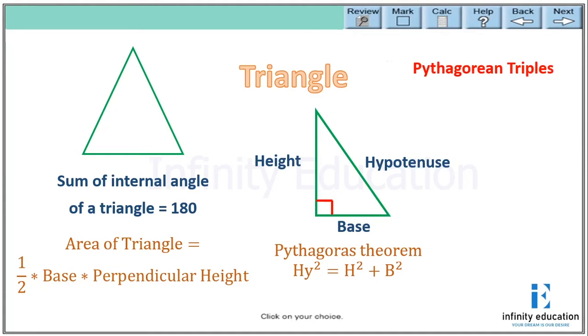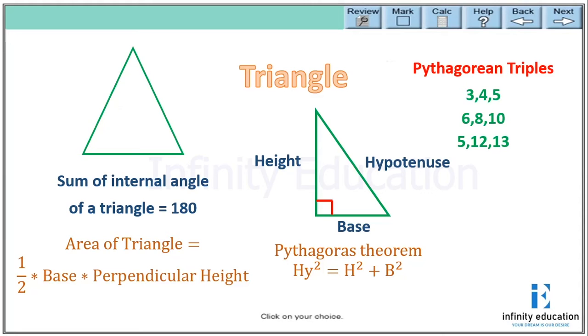There are three famous Pythagorean triples. Those are 3, 4, 5; 6, 8, 10; and 5, 12, 13. Now the question is, why are these three called the Pythagorean triples? Because they actually follow the Pythagorean theorem.